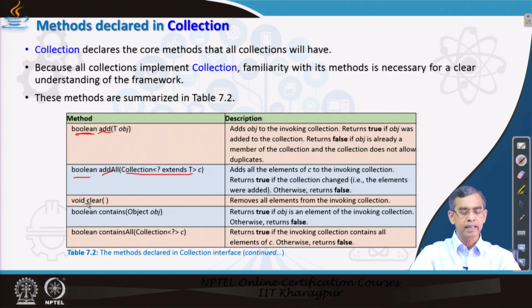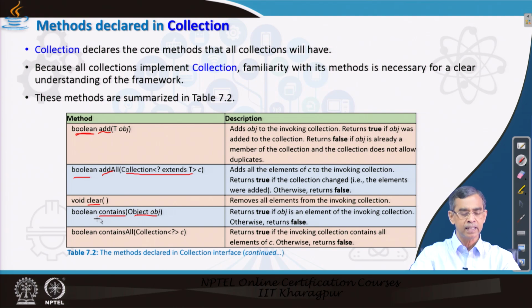Now, let us see clear. As the method implies, let us say the collection is x, and if we call x dot clear, what will happen? All the elements in the collection x will be removed forever. So, clear is one method. Now, contains, and the argument is an object, that means it will search whether a particular element obj is there in the existing collection or not.